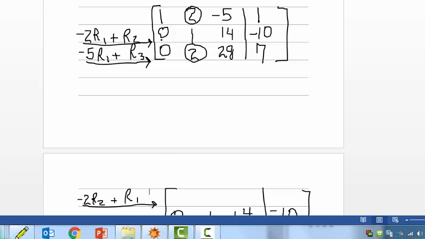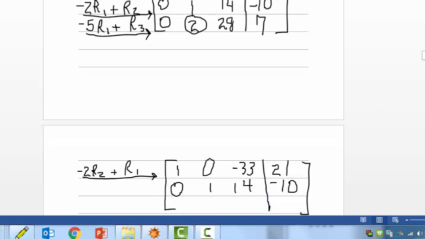So negative 2 times 0 plus 1 is 1. Negative 2 times 1 plus 2 is 0. Negative 2 times 14, that's negative 28, plus negative 5 is negative 33. Negative 2 times negative 10 plus 1 is 21. So that's my new row 1.